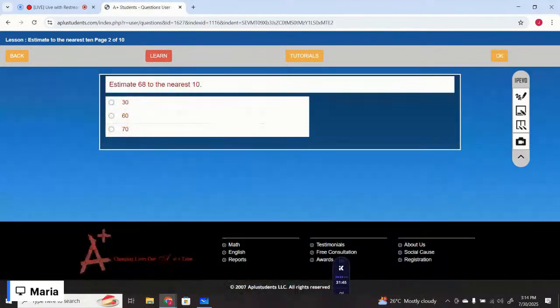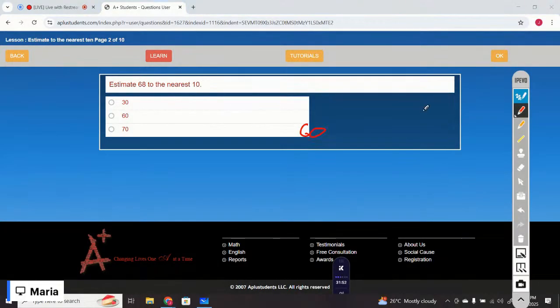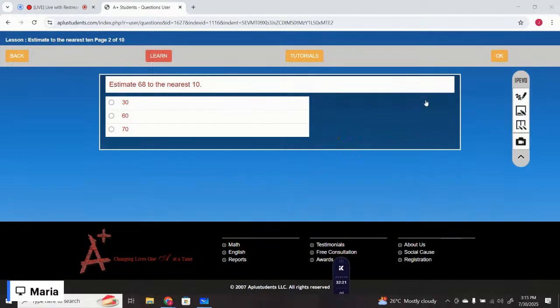Okay, estimate 68 to the nearest 10. Basically 68 is between two tens, 60 and 70. If you count 2, 3, 4, 5, 6, 7, 8, that would be around 68, so that would be near to 70. So 68 is rounded to 70.